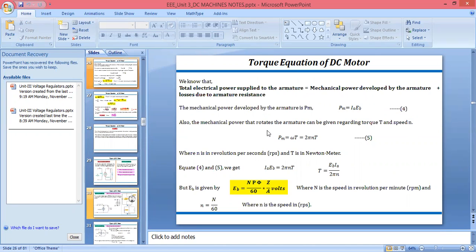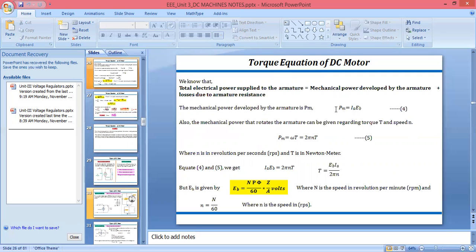So we can take Pm equal to W into T. W is nothing but angular speed. You can take W equal to 2 pi n. The small n is the speed calculated in rotations per second. You can see here I have written RPS, rotations per second, or capital N, rotations per minute. So we can calculate mechanical power equal to 2 pi nT.